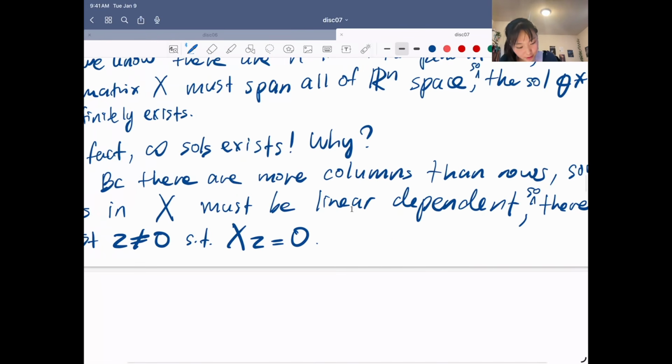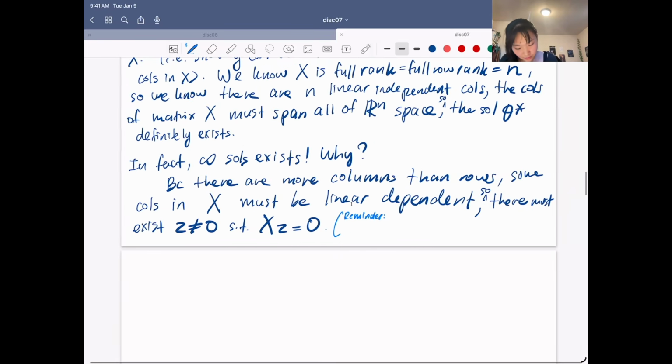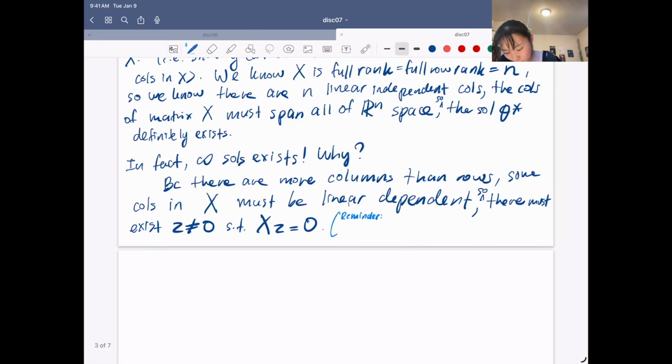So the reminder is, if all columns are linearly independent, then Xz equals 0 only when z is equal to 0.